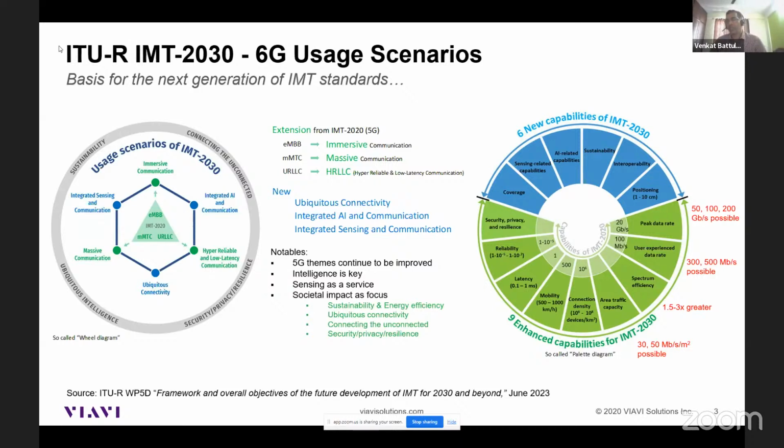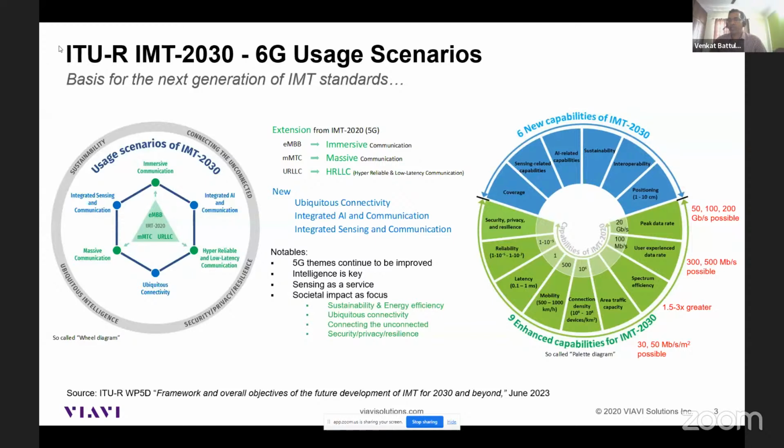User experienced data rate is an important term. People are often not happy with the existing wireless technologies. From 4G to 5G, people are not very clear what they actually get out of 5G when they subscribe to this kind of service.